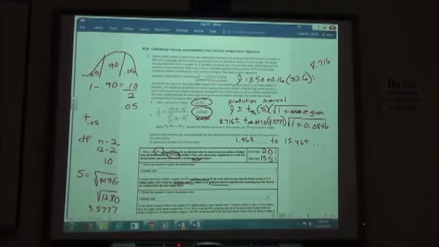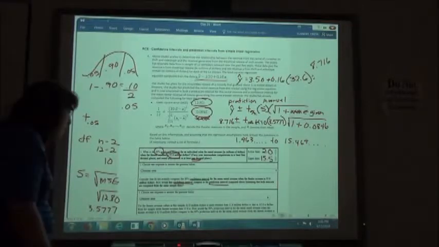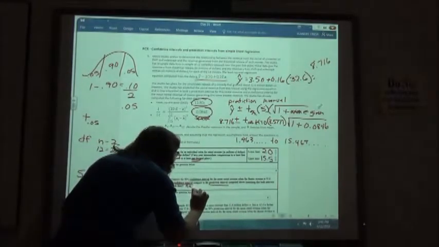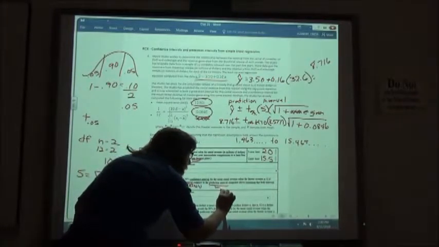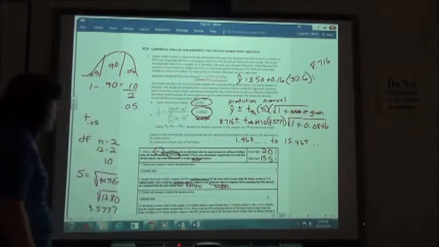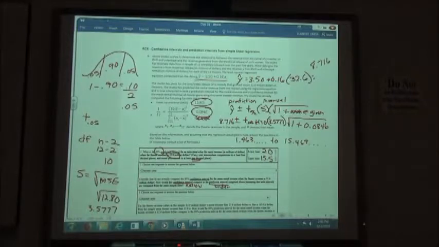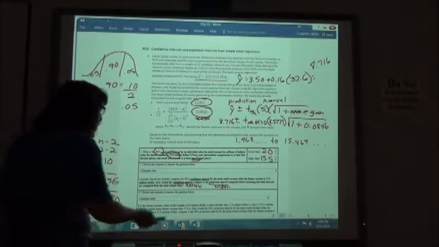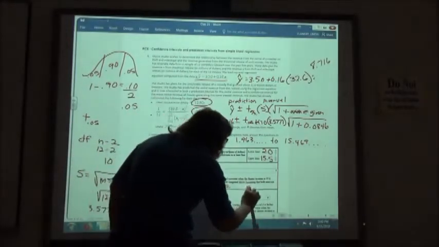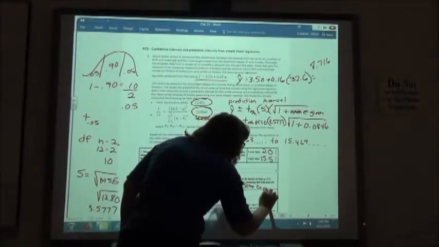When I'm doing this, the confidence interval is usually narrower. The prediction interval is usually the opposite, wider. So I want to think about this one's more narrow, this one's wider. In this case, we always have the same center when comparing these 2 things.